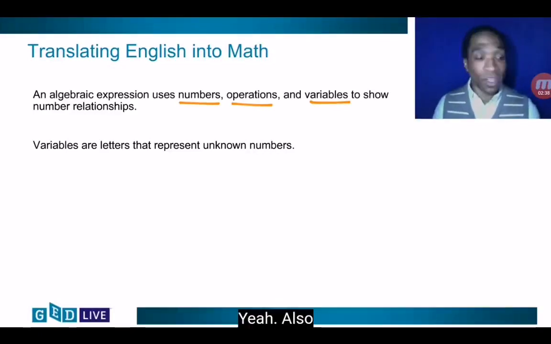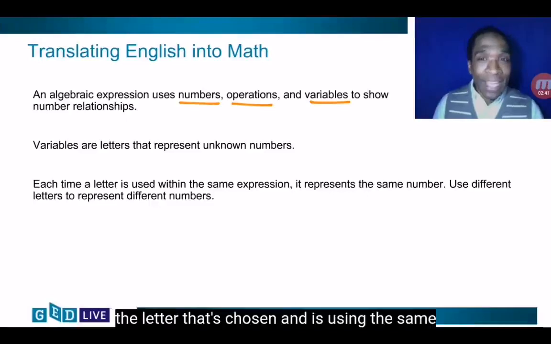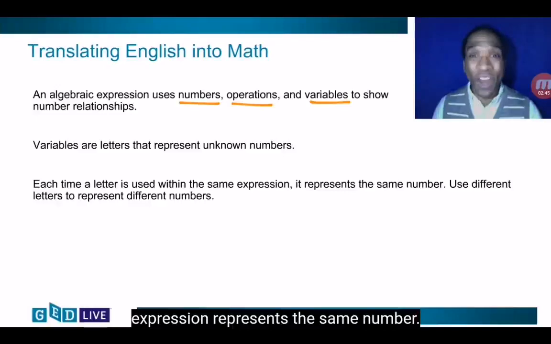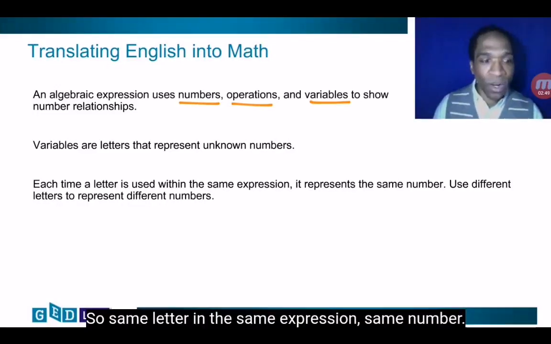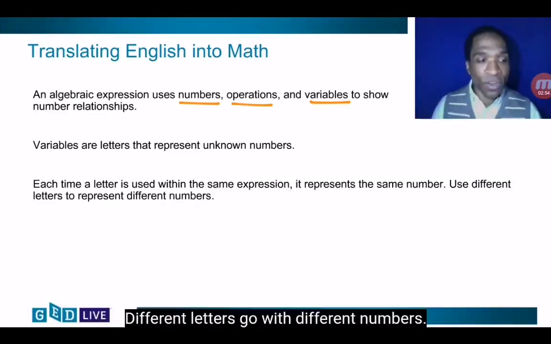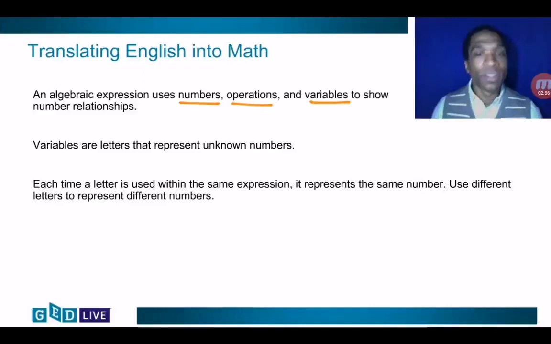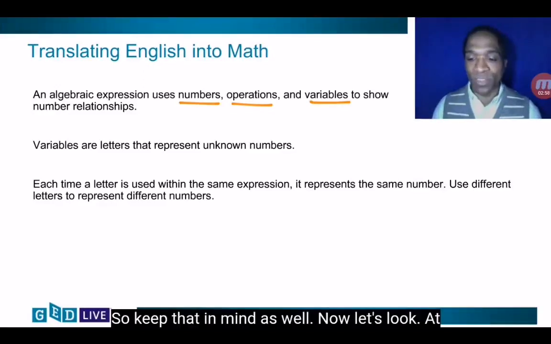Also, the letter that's chosen and is used in the same expression represents the same number. So same letter in the same expression, same number. Different letters go with different numbers. So keep that in mind as well.